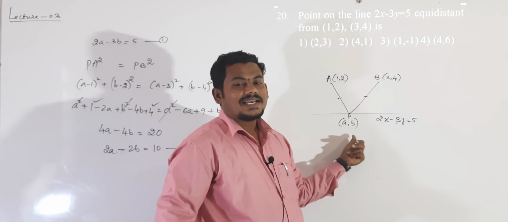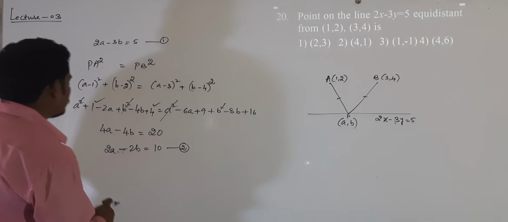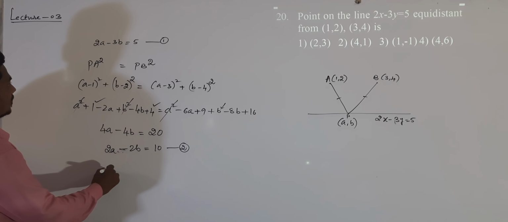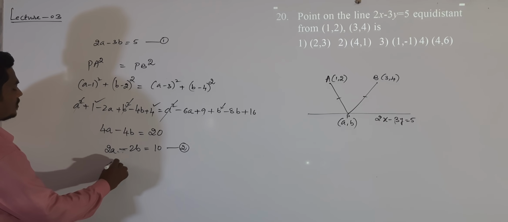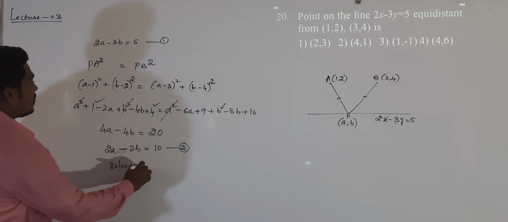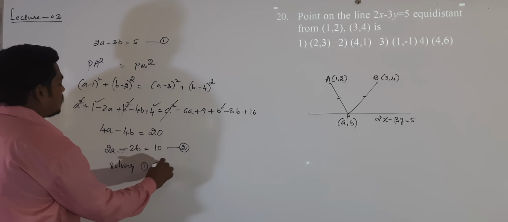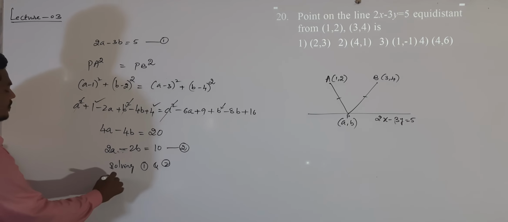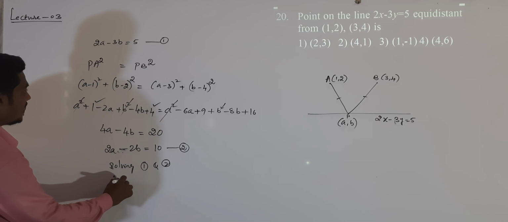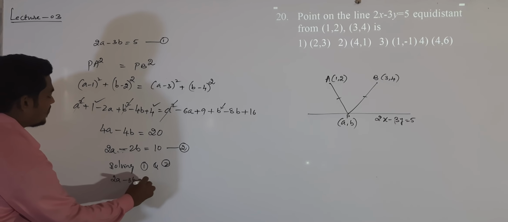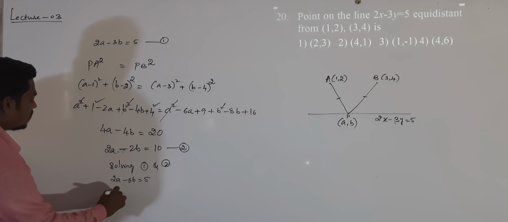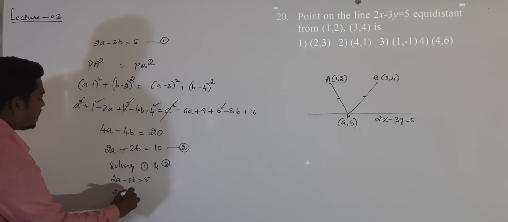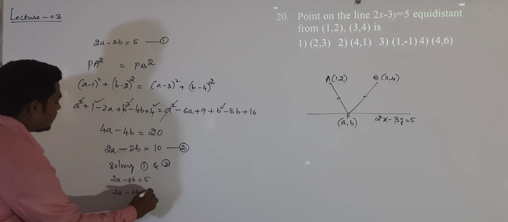Its coordinates are (a, b). Solving 1 and 2: what is 1? 2a minus 3b is equal to 5. And what is equation number 2? 2a minus 2b is equal to 10.